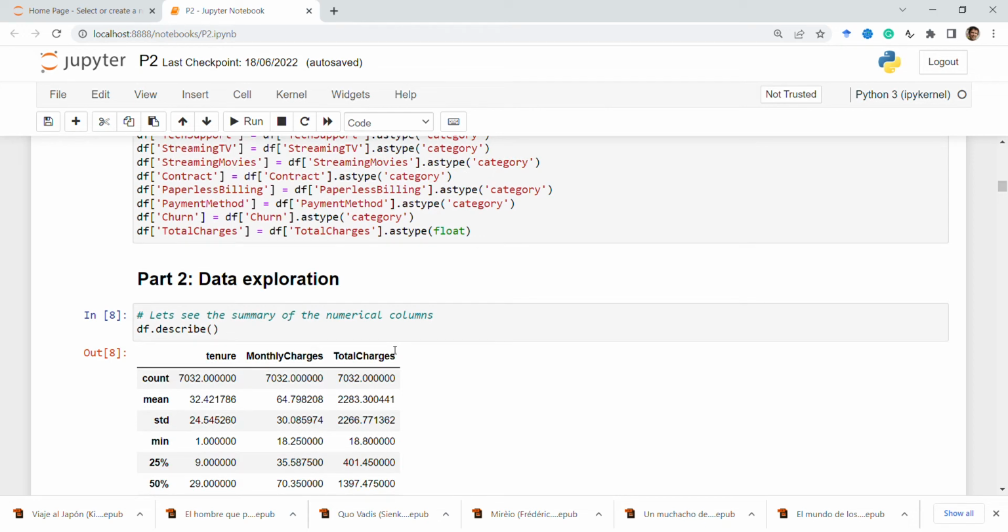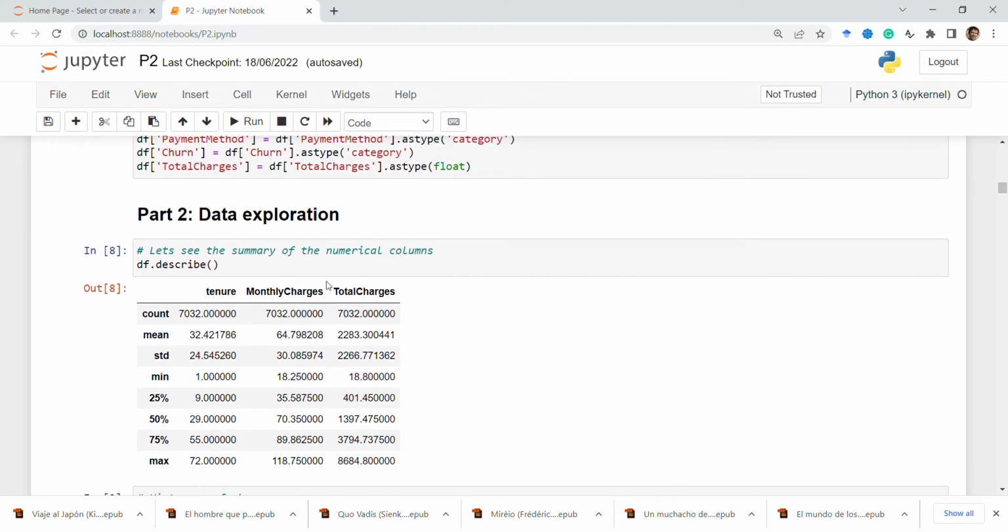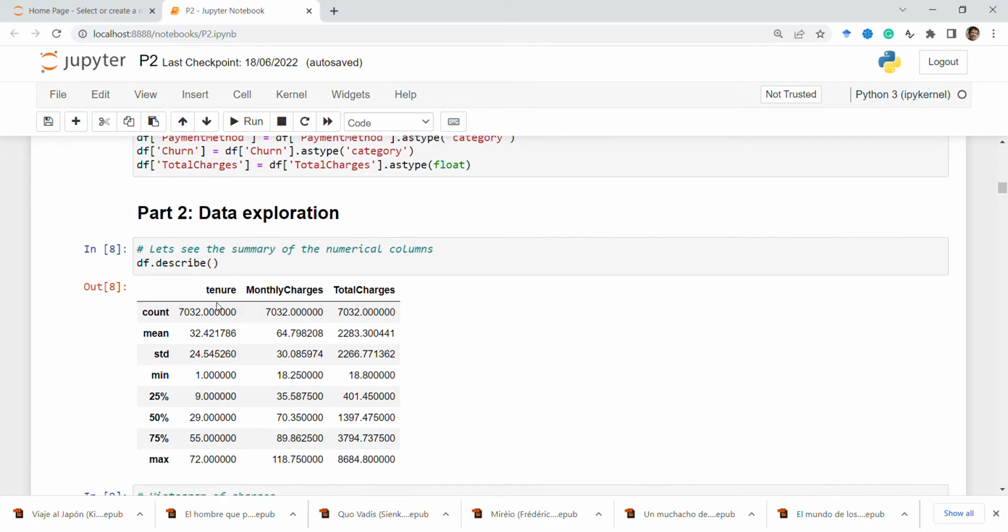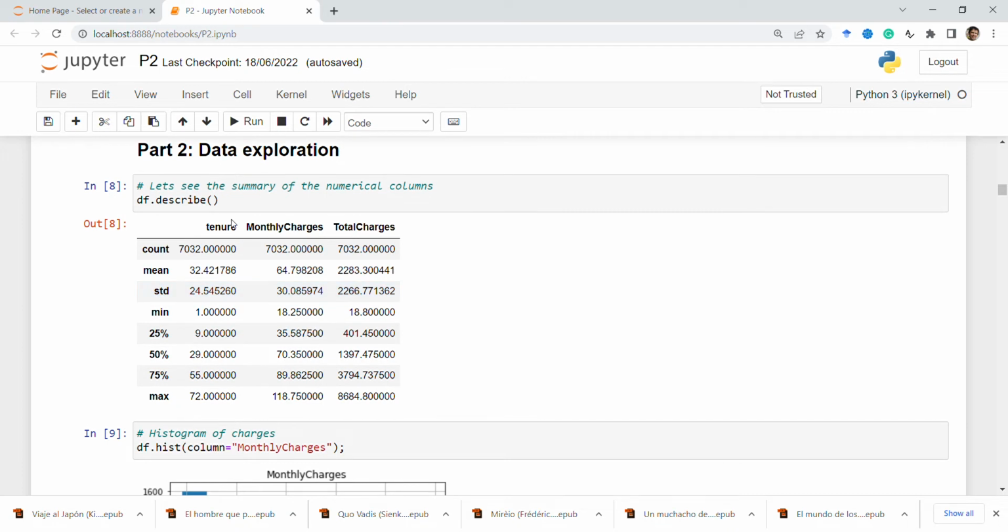And now we will start analyzing, getting acquainted with the data. So we will describe the numerical values. We only have three: the tenure, that is the number of months. So we see that they go from 1 to 72, that is 6 years, and the mean is 32, so a little bit more than 2 years, 2 years and a half, something.